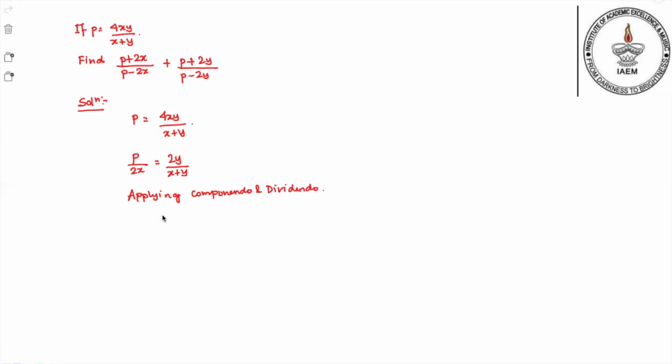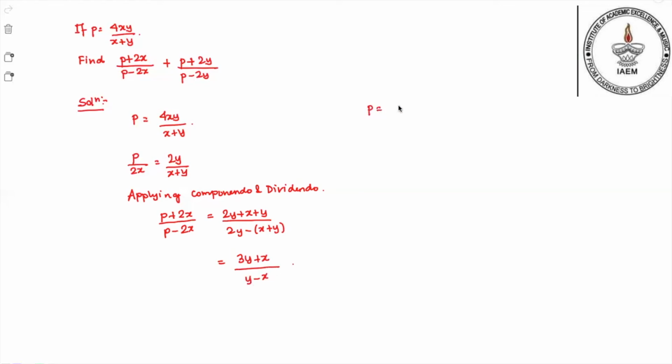We will have p plus 2x by p minus 2x equals (2y plus x plus y) by (2y minus x plus y), which is (3y plus x) by (y minus x).